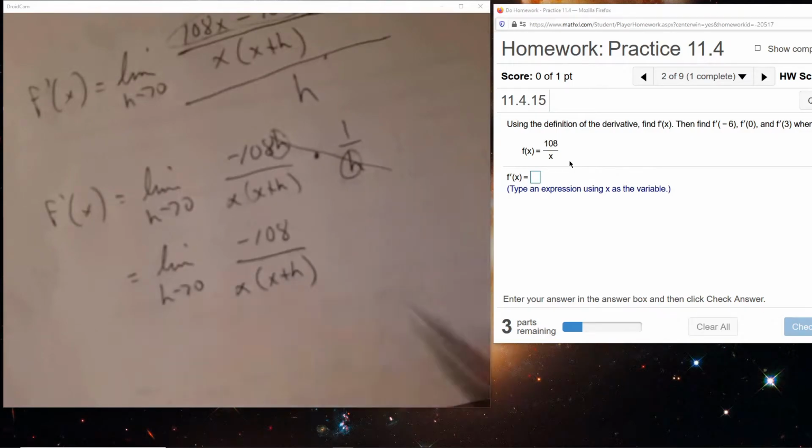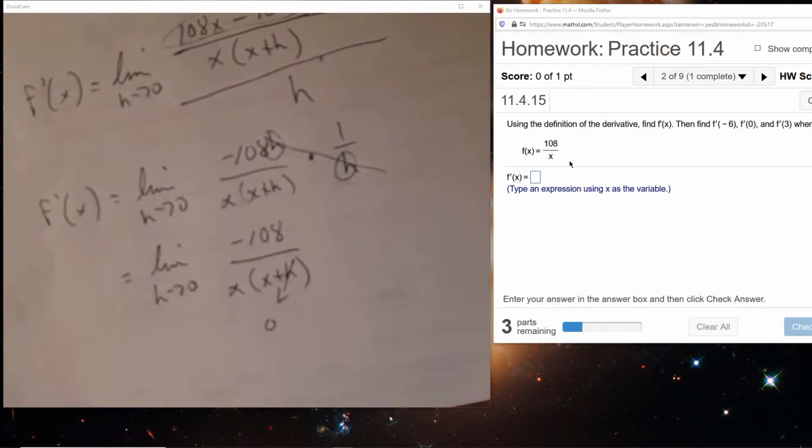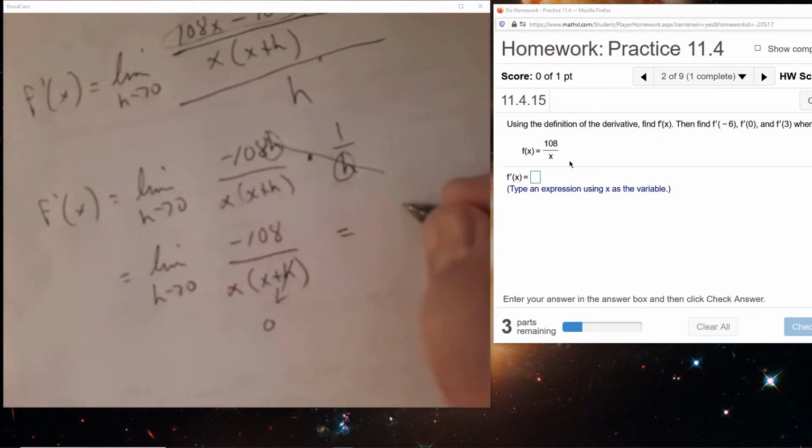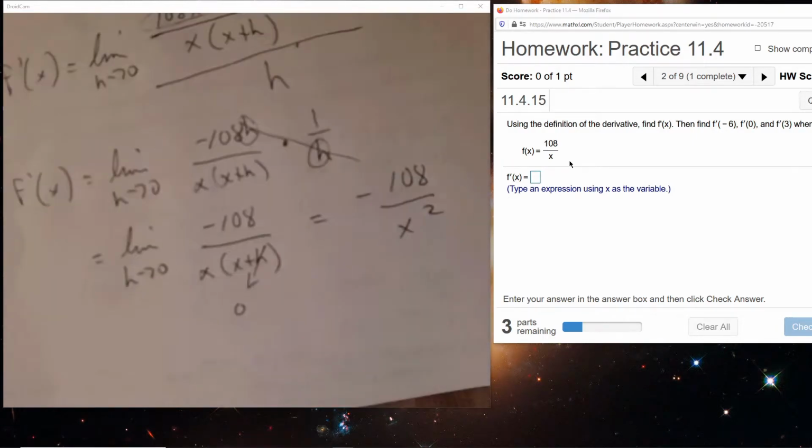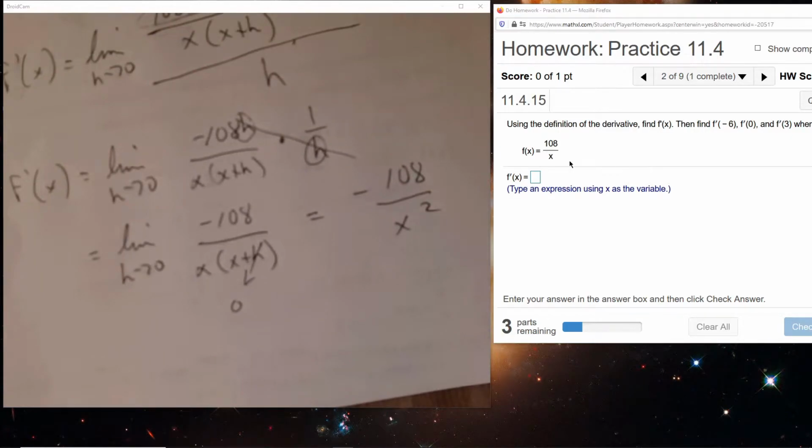And that's the limit we're trying to take here. So as h gets forever closer to 0, then this limit is forever approaching minus 108 over x squared. And that is our derivative.